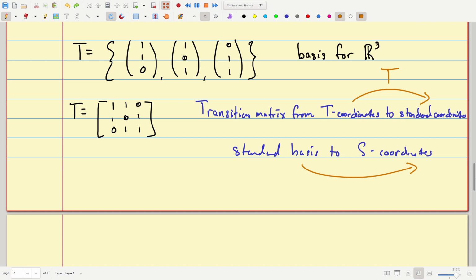If I wanted to go from standard coordinates to T coordinates, what would I do? Okay, start with the first question. What did I do to go from T coordinates to standard coordinates?